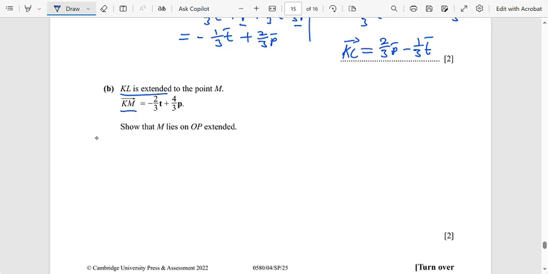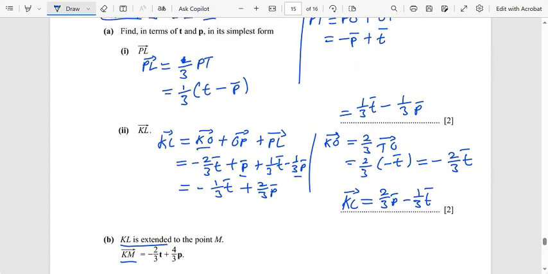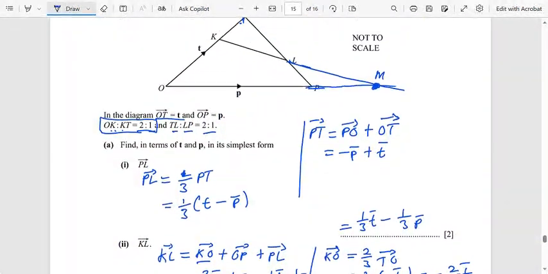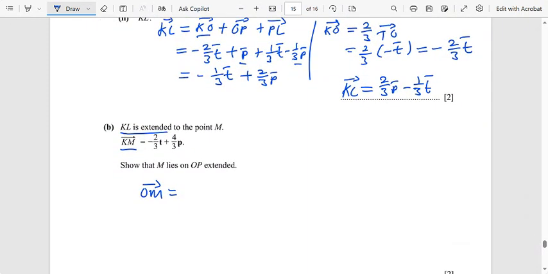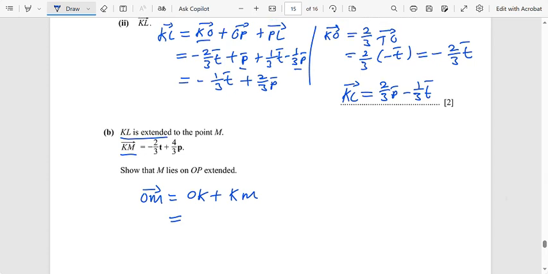So we can say that OM, on the other hand, is equal to OK plus KM. OK is opposite KO.